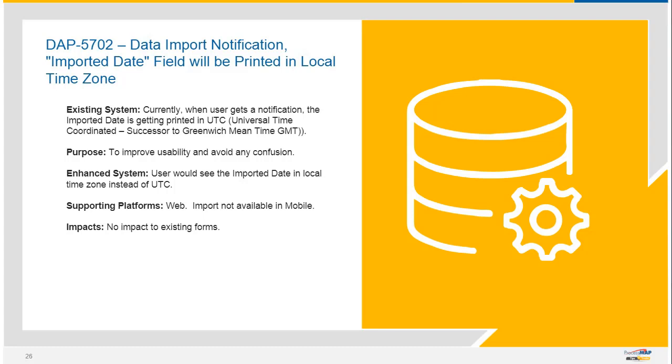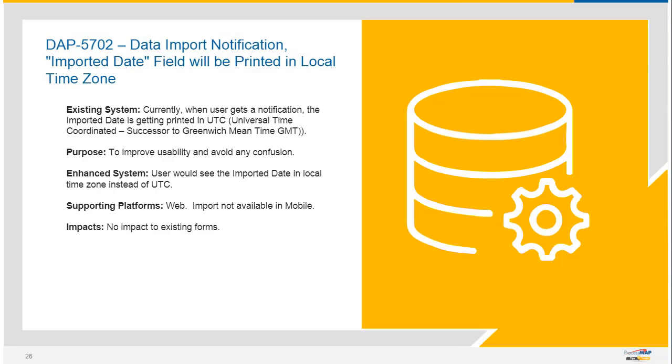The next change that's coming has to do with the date format that's printed on import notifications. For some of you that were on previous tips and tricks, I showed you how we can do data imports into apps in our App Studio. Previously, when the notifications came out, the date was printed in UTC time, which stands for Universal Time Coordinated, which is sort of a new version of Greenwich Mean Time.